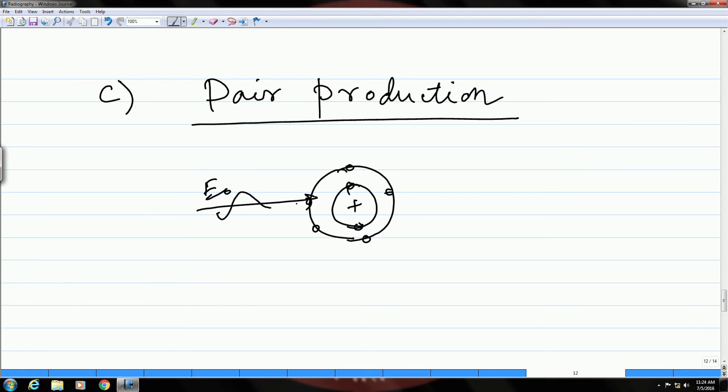When the X-ray photon comes in, it ejects an electron and a positron pair, and that is why the name pair production.